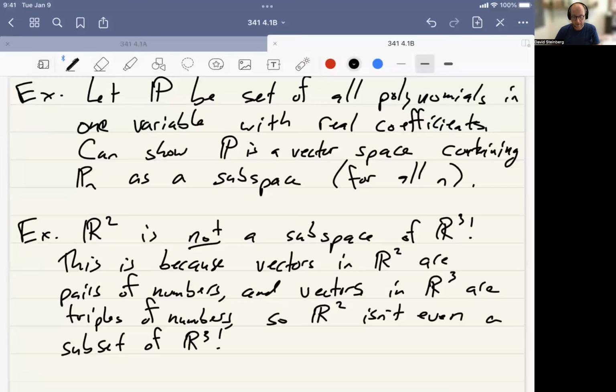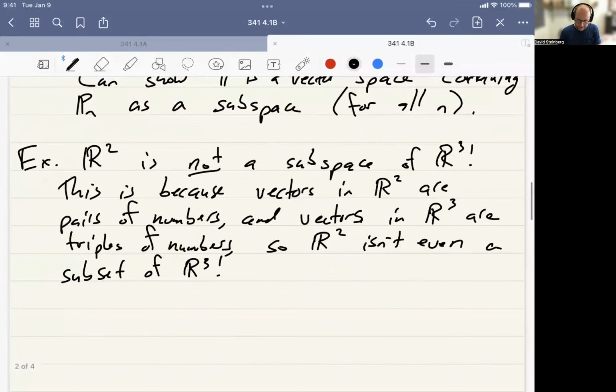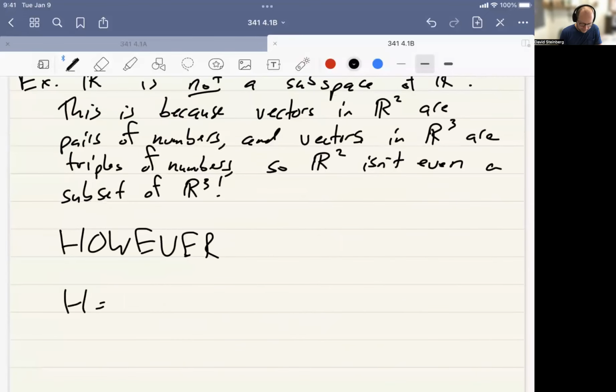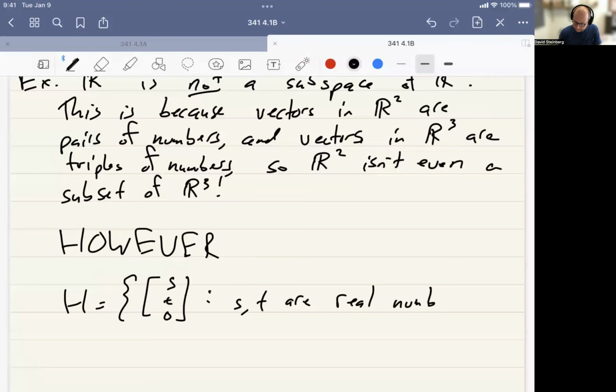However, let's talk about subspaces of R3 that do look like R2. We could look at H, which is the set of vectors of the form (s, t, 0), with the property that s and t are real numbers. Maybe this is what you're thinking of when you want R2 to be a subspace of R3.